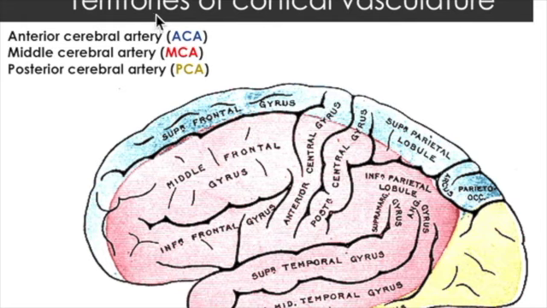We're color coding the areas of the brain supplied by the ACA, the MCA, and the PCA, but the dividing areas are where you tend to have less blood supply, and less blood pressure, because those areas are in the watershed, the dividing zone between the ACA, MCA, and PCA.